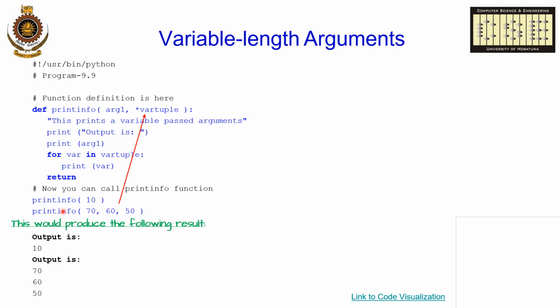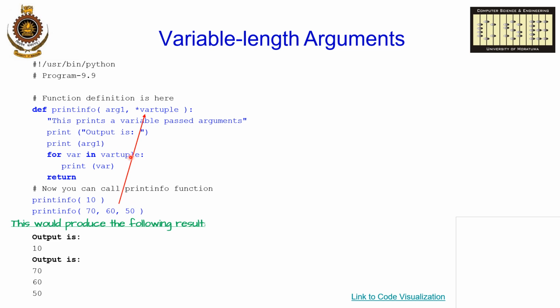Second time we call it, we have 70 as arg1, and then we have 60 and 50. They correspond to this variable length argument. These two go in var tuple. That's why when you call that function printinfo, first the first argument arg1 is printed as required, and then it iterates through the var tuple.